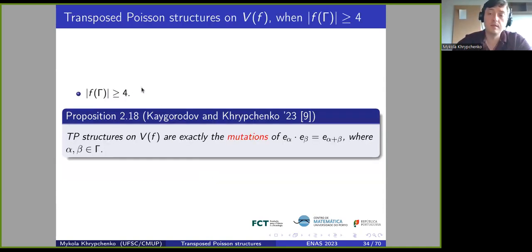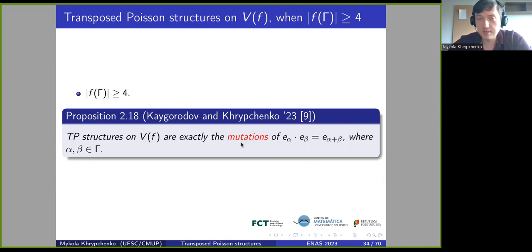Okay, let's consider these 3 cases and what's going on in each of them. If F takes at least 4 elements, then F is additive. And in this case, it's easy to classify the TP structures. In fact, the classification is very similar to that in the paper by Ivan, in the case of the original classical Witt algebra. So all the TP structures are mutations of this product, which is in fact the group algebra product.